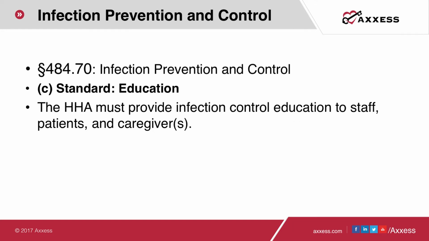At 484.70, we see the standard (c), which is Infection Prevention and Control Education. And in the new conditions of participation for home health, we are shown that the agency must provide infection control education to the staff, the patients, and caregivers. So we have to now be teaching all of these different persons about infection prevention and control, right?